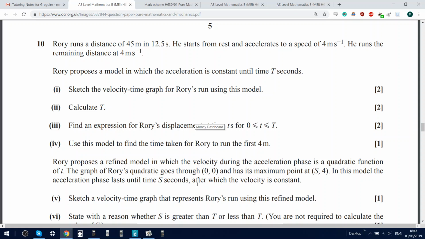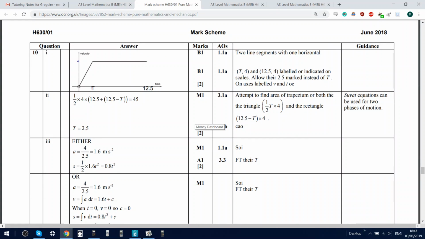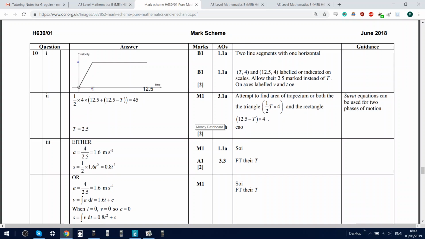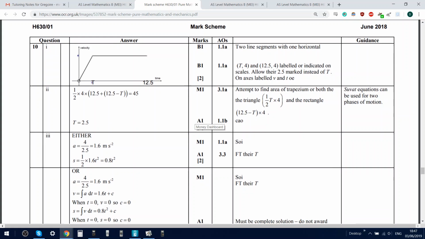This can't be done using suvat, because he has two different accelerations. So the acceleration is that for part 3.